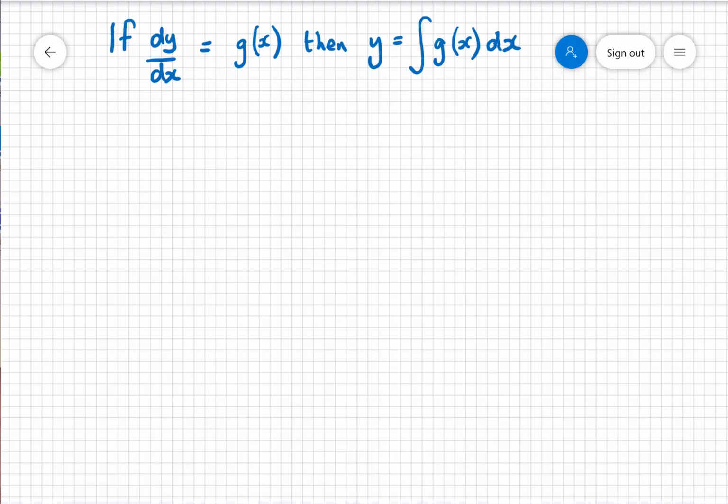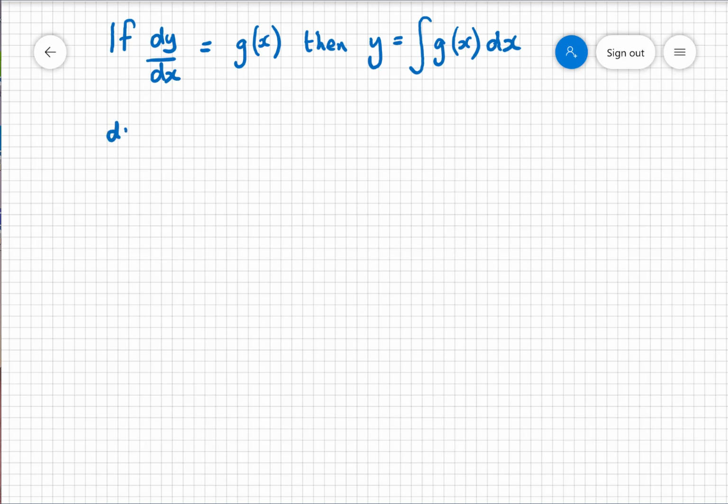So we've seen that to solve a differential equation, we're basically doing the reverse of differentiation, we're integrating. So if dy by dx, the differential equation, is some function of x, then y will be found by integrating that function. And we can see that in a fairly simple example.